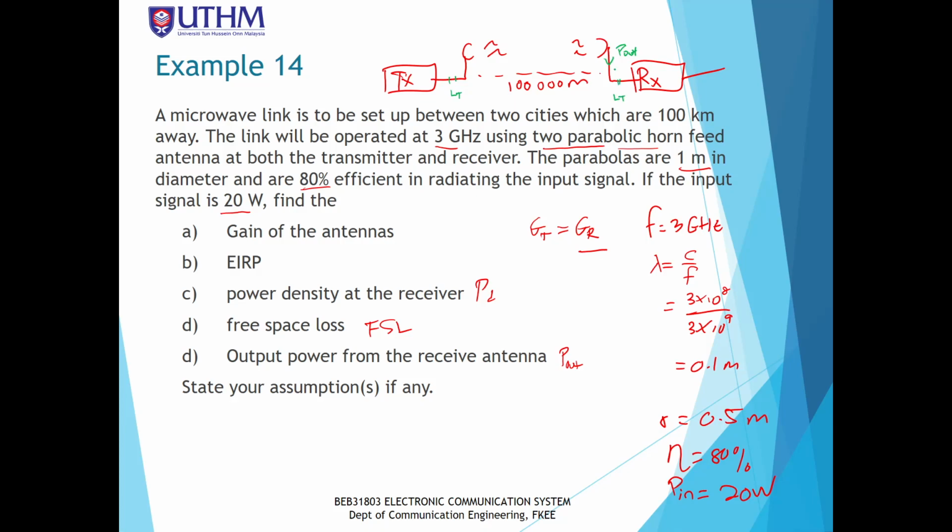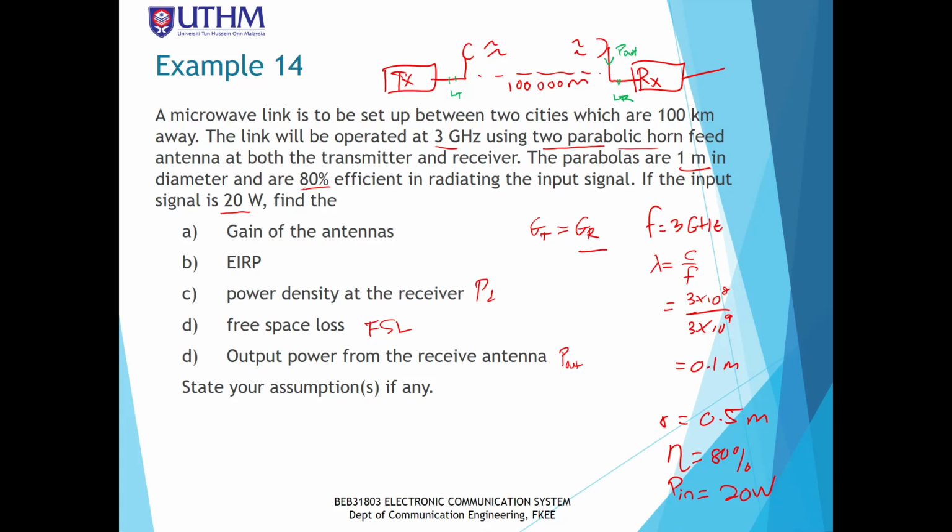Okay, dalam soalan ini tidak ada losses LT, tidak ada LR. That means there is no losses in the transmission line. So this is for this example. That means the losses is due to the free space loss only.